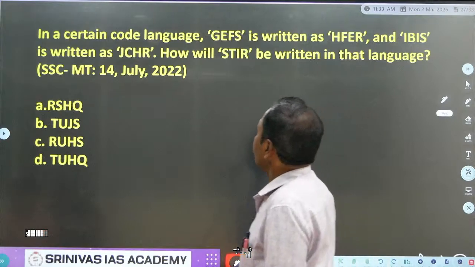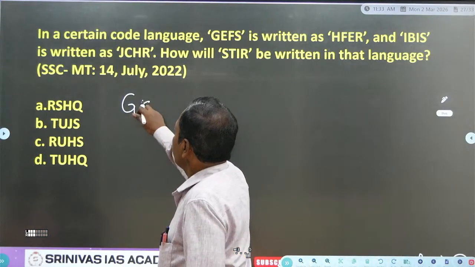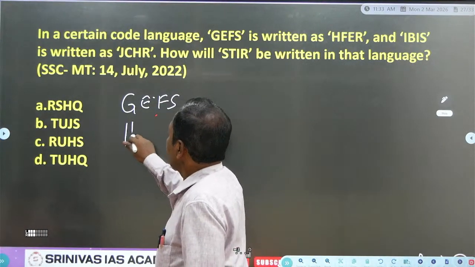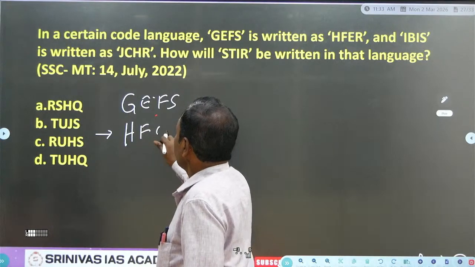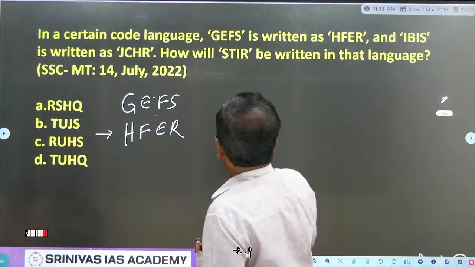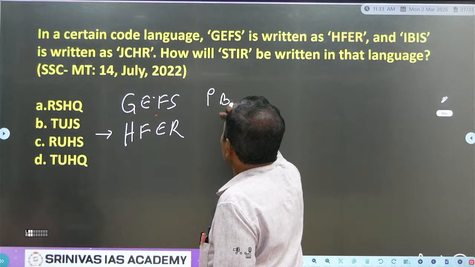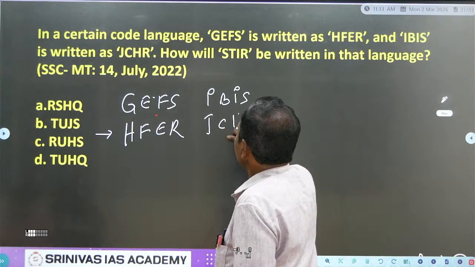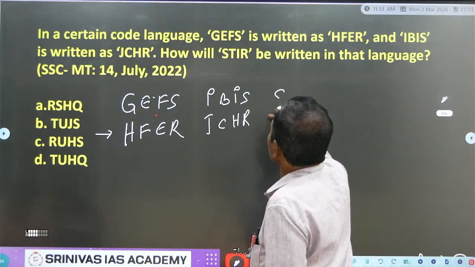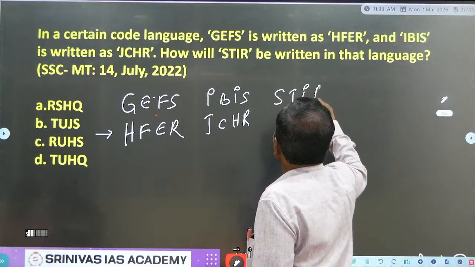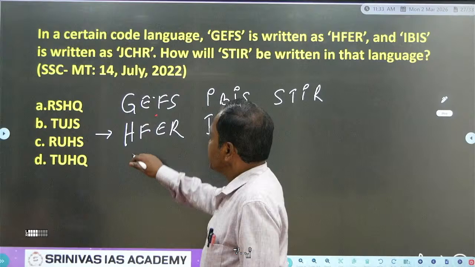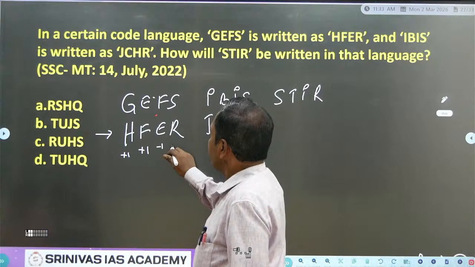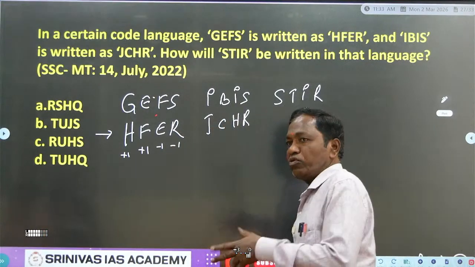In a certain code language, GEFS is written as HFER, and IBIS is written as JCHR. How will TILL be written in that code? GH plus 1, EF plus 1, EF minus 1, minus 1. Plus 1, plus 1, minus 1, minus 1.